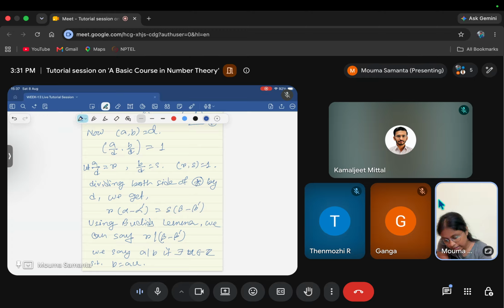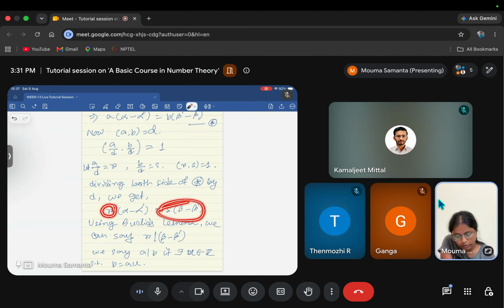Now see here, R times this equals to S times beta minus beta prime. Then what can we say about divisibility of S and this whole term, or divisibility of R and this whole term?